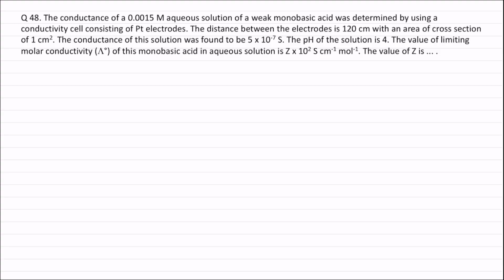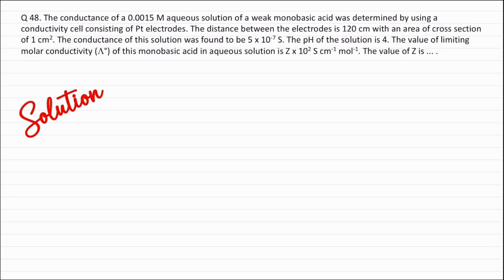The conductance of this solution was found to be 5 into 10 to the power minus 7 S. The pH of the solution is 4. The value of limiting molar conductivity of this monobasic acid in aqueous solution is Z into 10 to the power 2 S per centimeter per mole. The value of Z is dash.